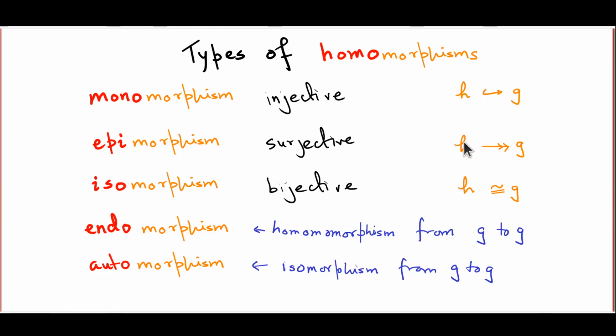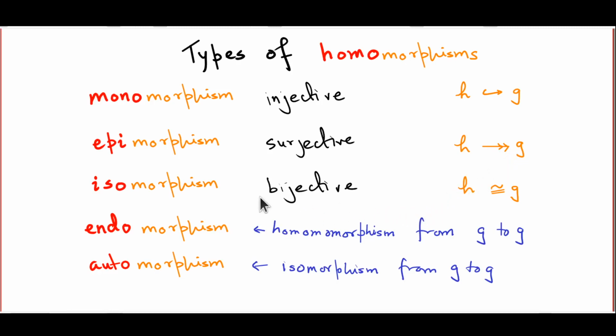We will talk more about inclusions later. The homomorphisms which are actually surjective or onto are called epimorphisms, and the notation for that is H has a double-headed arrow pointing towards G.